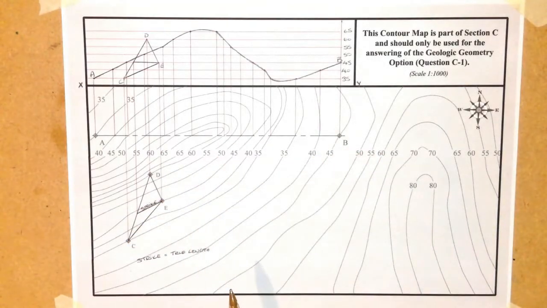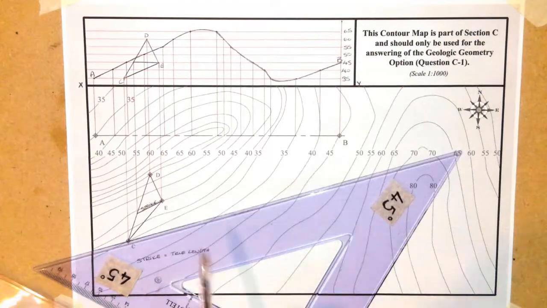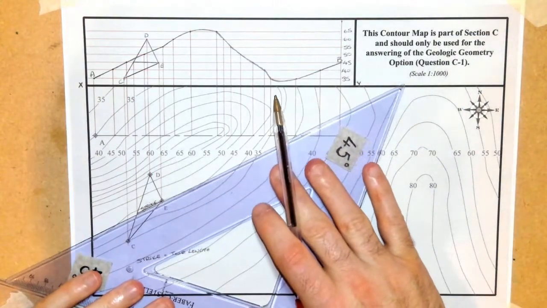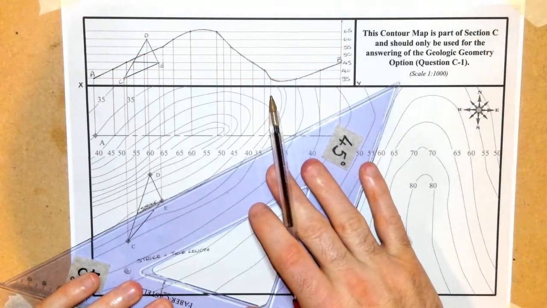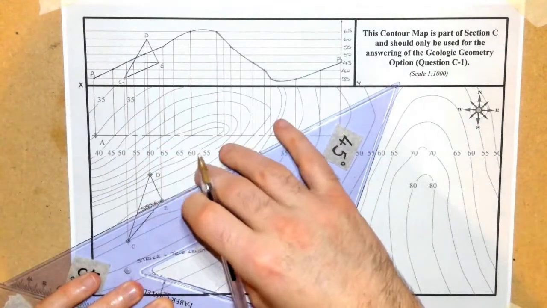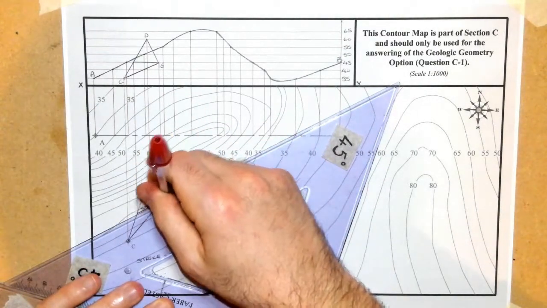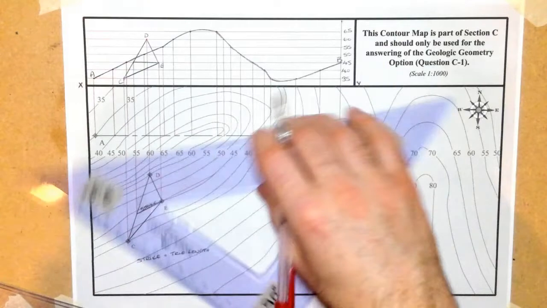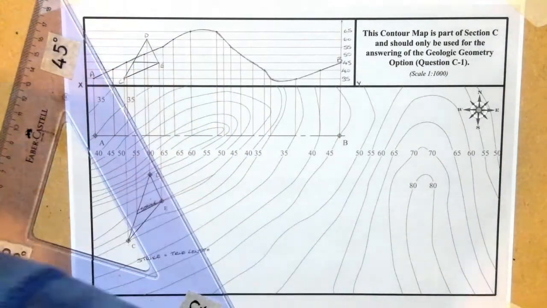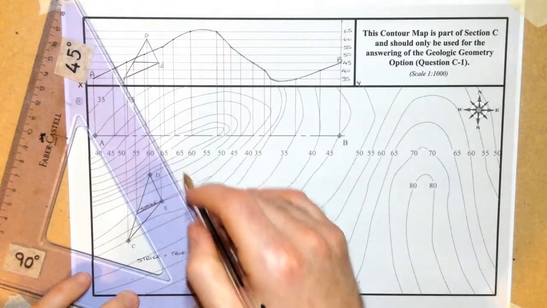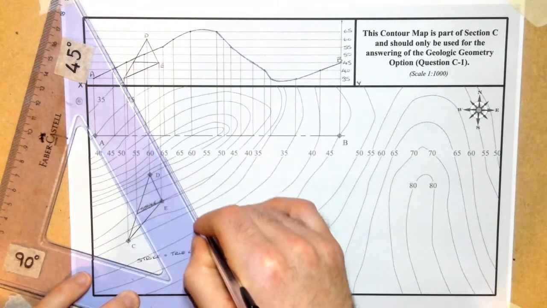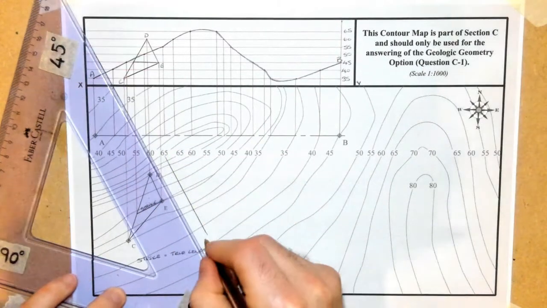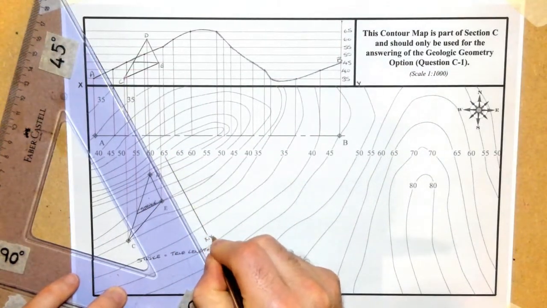So we're going to actually use a bit of an auxiliary view here. So we're going to look along the strike line. We're going to project out. Going to rotate perpendicular to set up an auxiliary view, which is known as an X1, Y1.